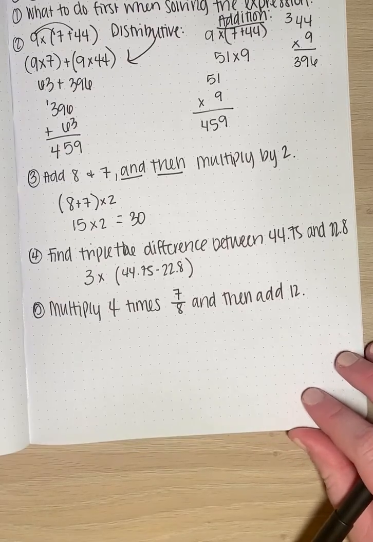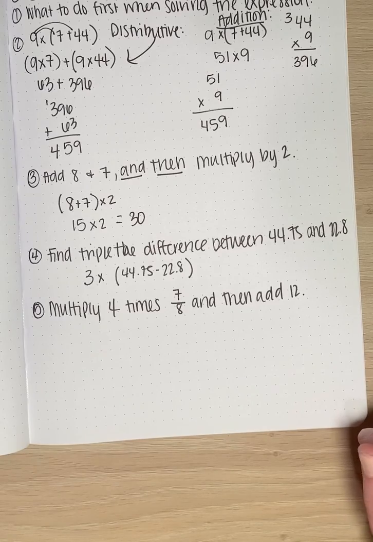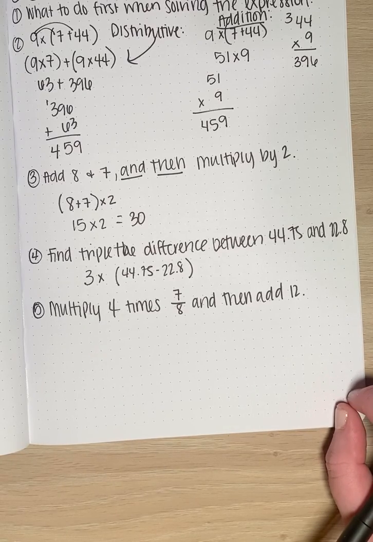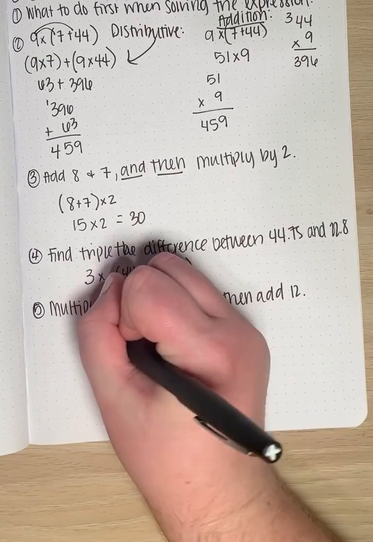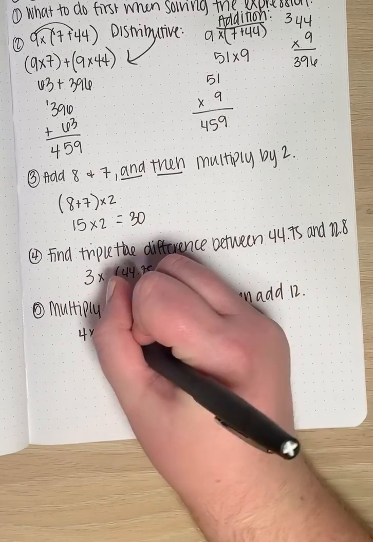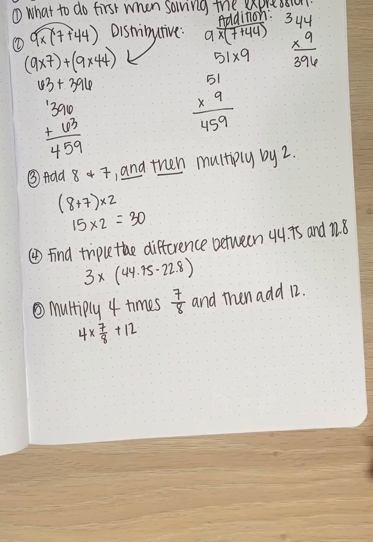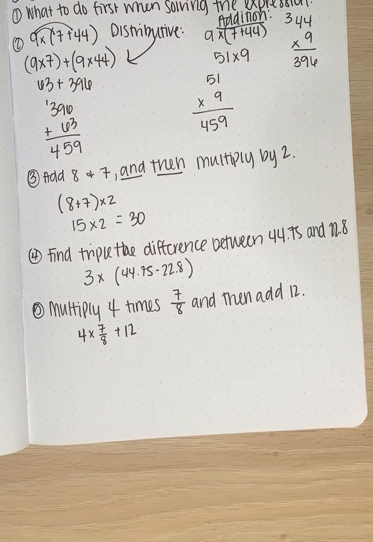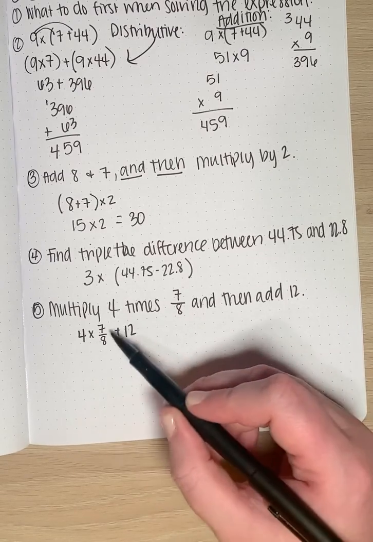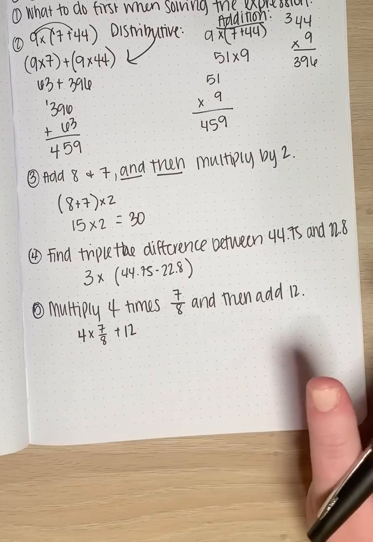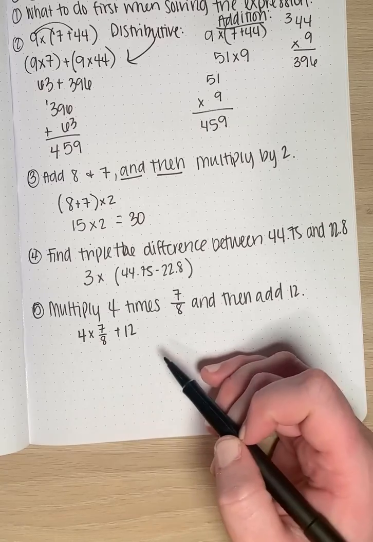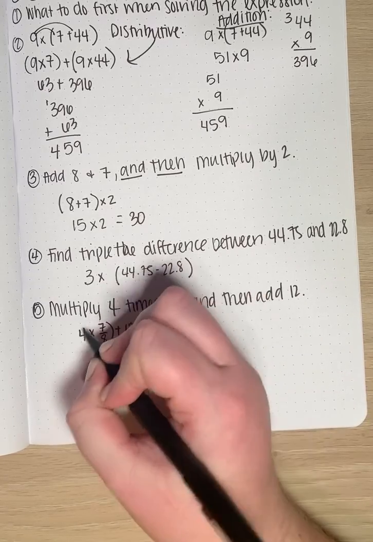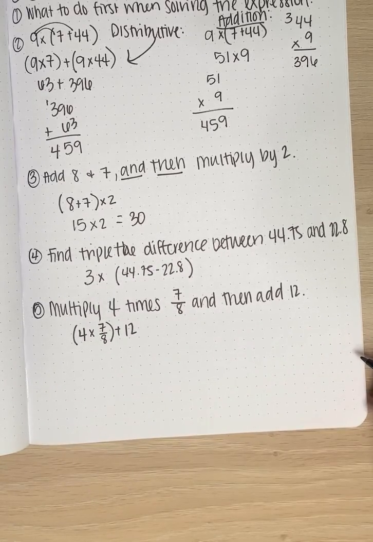So I know I'm going to have 4 times 7/8 and then 12. Now this one, because we have the rule of PEMDAS, I know multiplication comes before addition. So even without having parentheses, I would know to do 4 times 7/8 before I add 12. But if you want to add those parentheses in, you are more than welcome to.